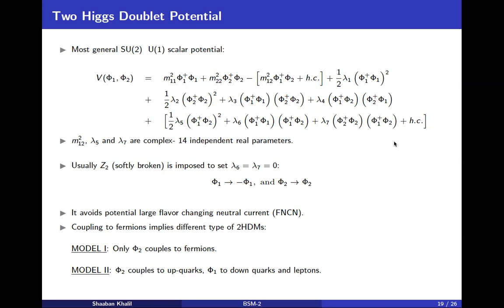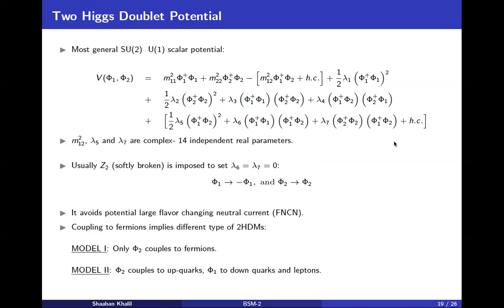So, for example, in model 1 only phi2 couples to fermions. This will be like one Higgs doublet, and the second, phi1, doesn't contribute to anything. And this is not really an interesting scenario, because this is different from what we said about supersymmetry. Supersymmetry uses both phi1 and phi2, which is model 2.